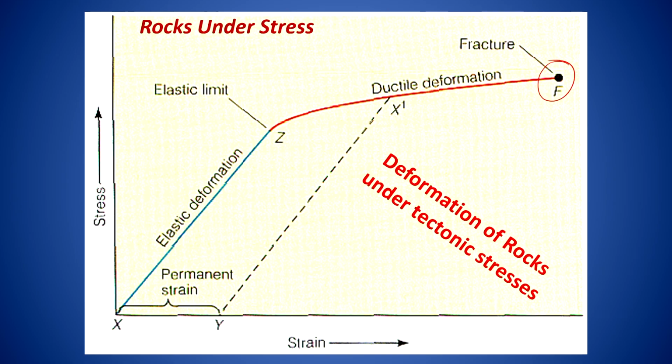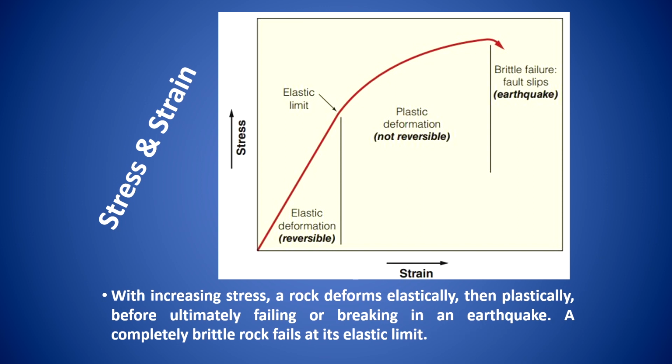Okay. So, as we are interested in earthquakes and comparing the stress and strain pattern, the final brittle deformation is your fault, a fault slip, or we can say that is an earthquake. Okay.